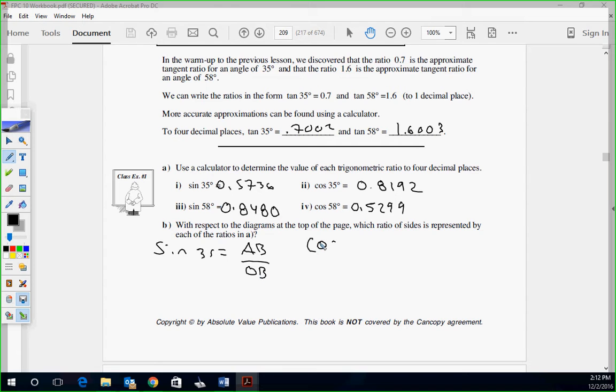Cos of 35 is OA over OB. That's for diagram 1. Sine 58 in diagram 2 is AB over OB, sorry.